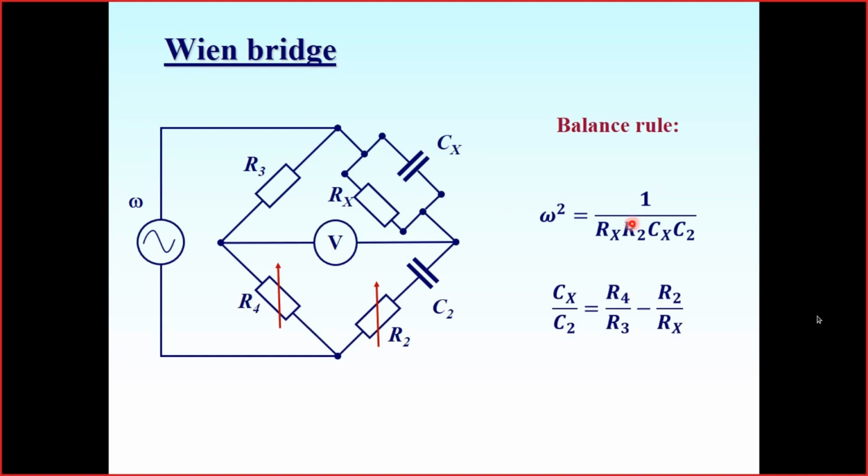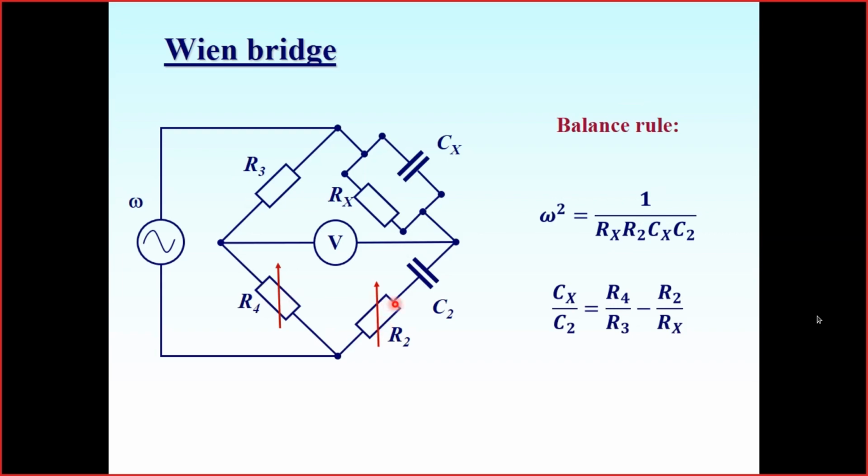Actually, this may be rewritten, so there are two rules: the first rule and the second one. To satisfy these rules, we may regulate just two resistors, R4 and R2.